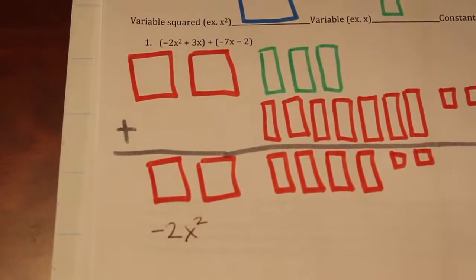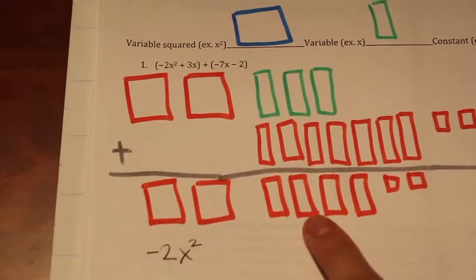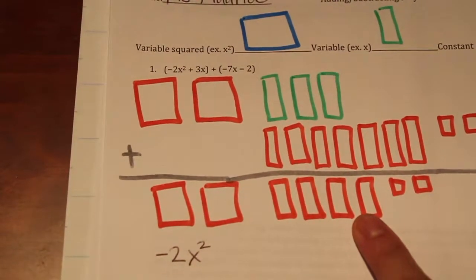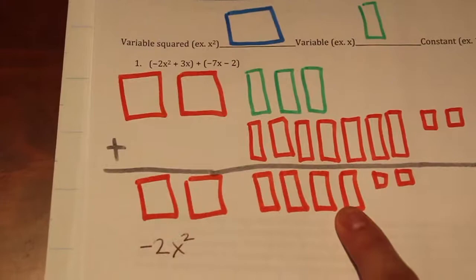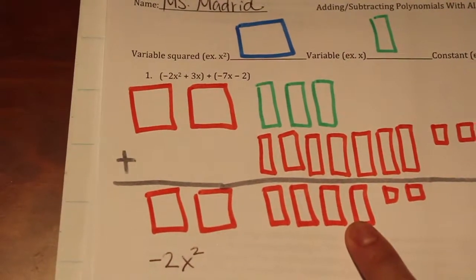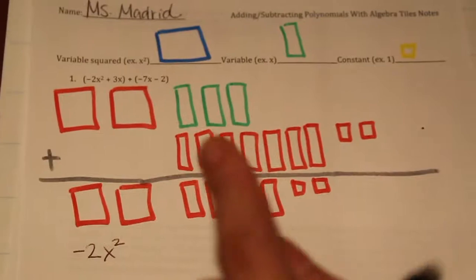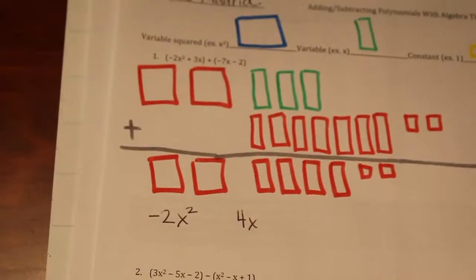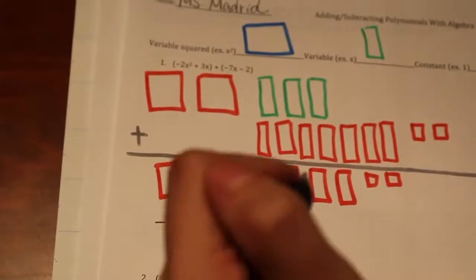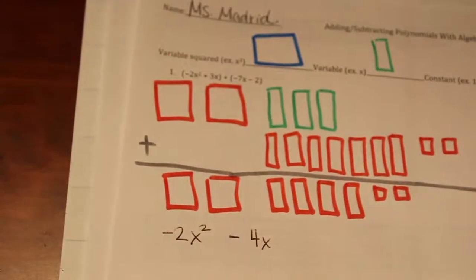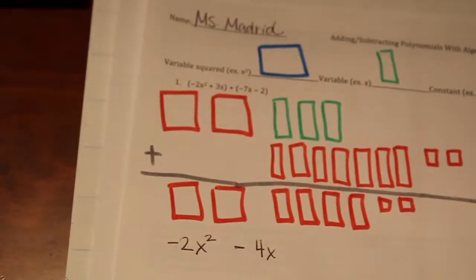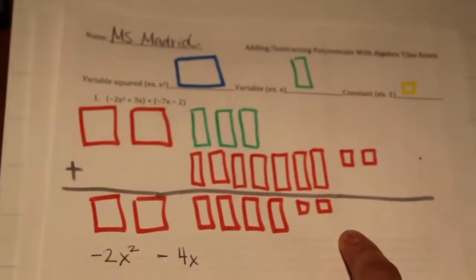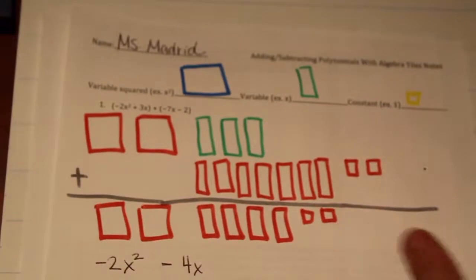Then we have 4 red rectangles. And the rectangles represent an x. If there are 4, then that is 4x. But again, because they are red, that means that it's a negative 4x. Then we have 2 small red squares, and the small squares represent a 1.